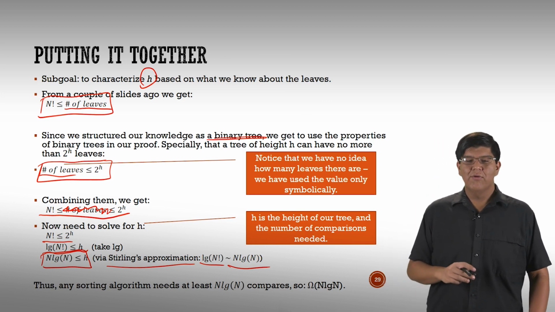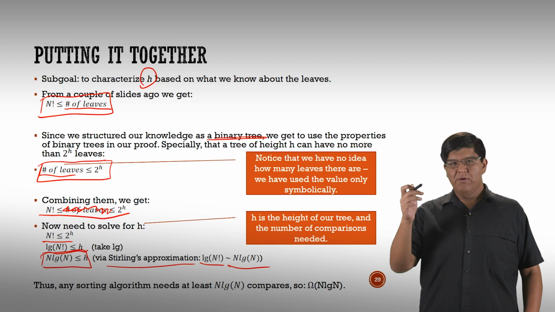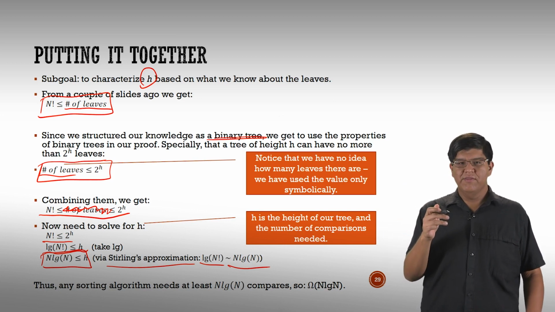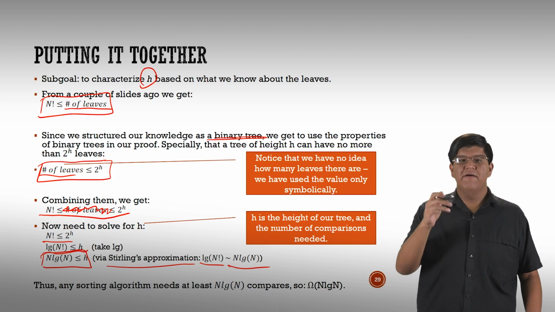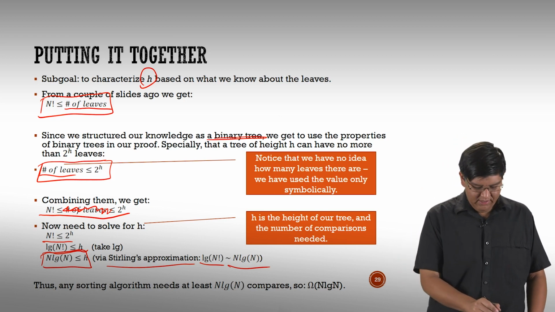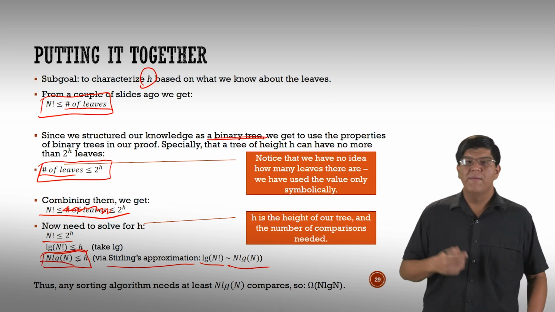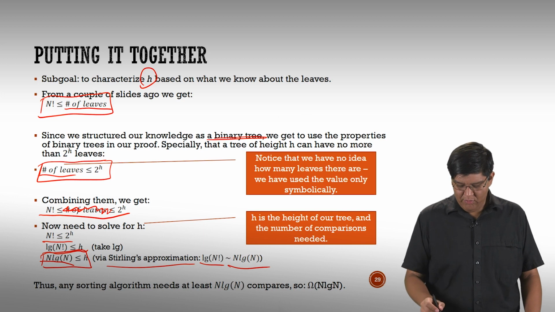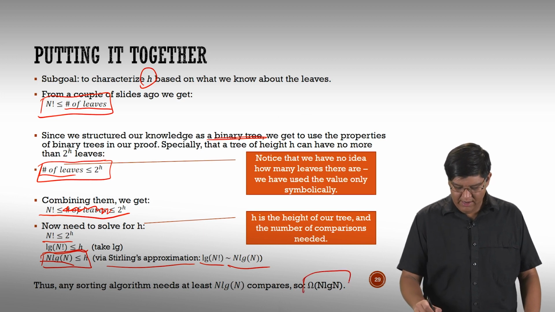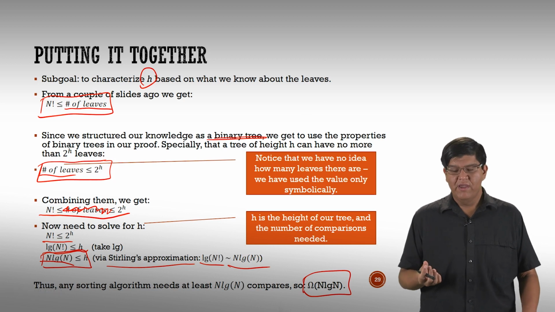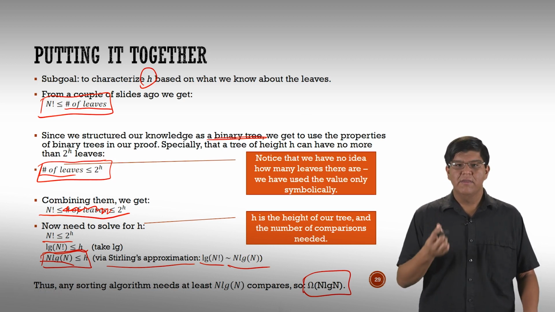So in order to explore all the leaves, which corresponds to having the ability to look at every possible answer based on all the different permutations of the input, I need at least n log n comparisons. Maybe there's more, but at least that. So my lower bound, this is my omega, is n log n. In order to visit all leaves in the tree, I need to make at least n log n comparisons.